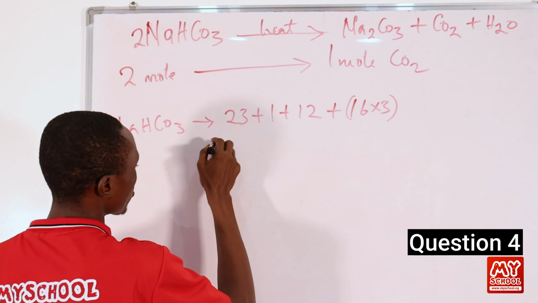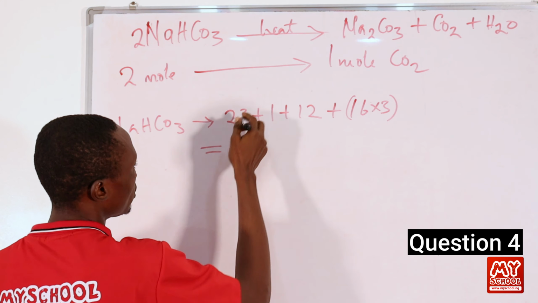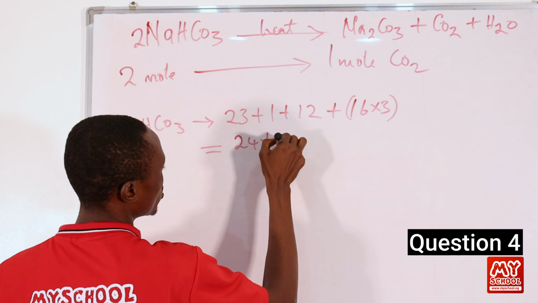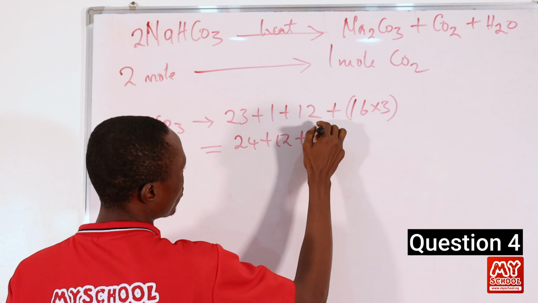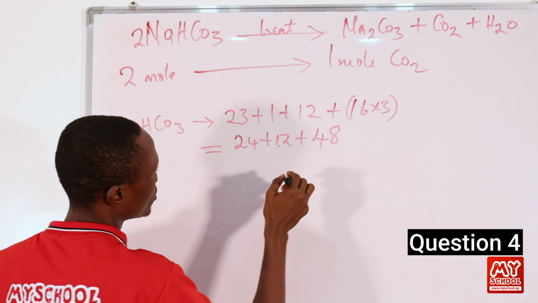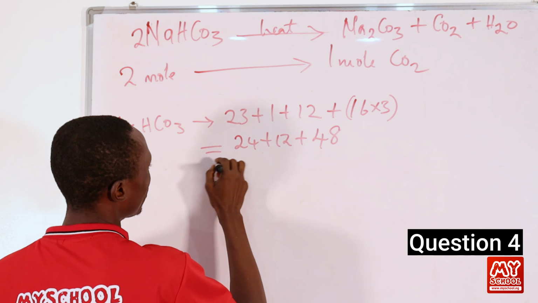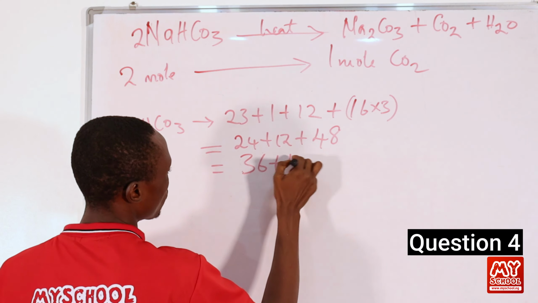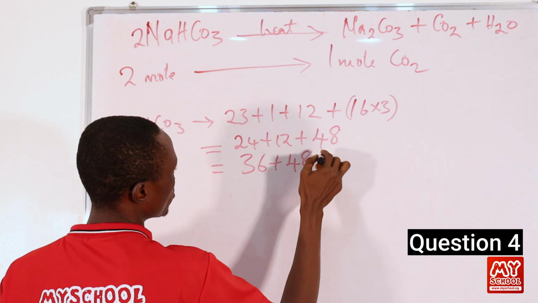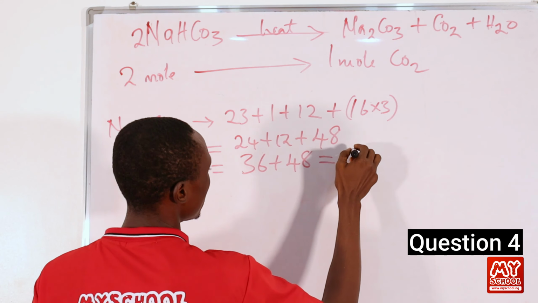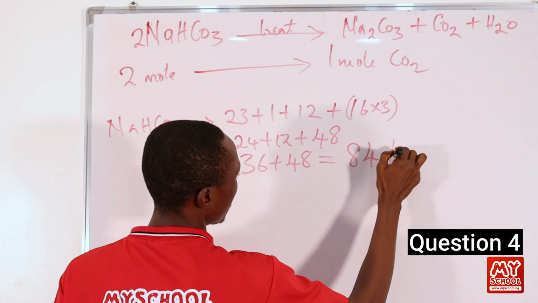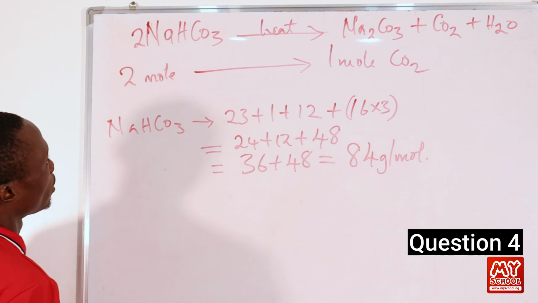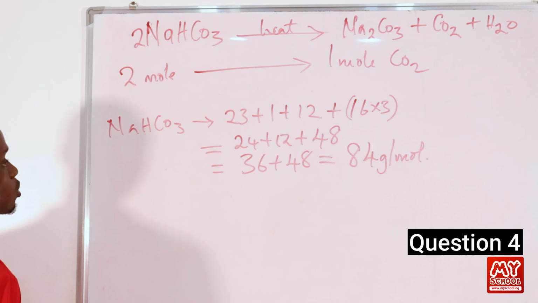Okay, so if we sum all this up, let's add this first, this will give us 24 plus 12, then plus, this will give us 48, right? So if we add all this up, let's add it up gradually. This will give us 36 plus 48. Okay, so if we add this up, this will give us 84. So 84 grams per mole, right, is the molar mass of sodium hydrogen trioxocarbonate IV.